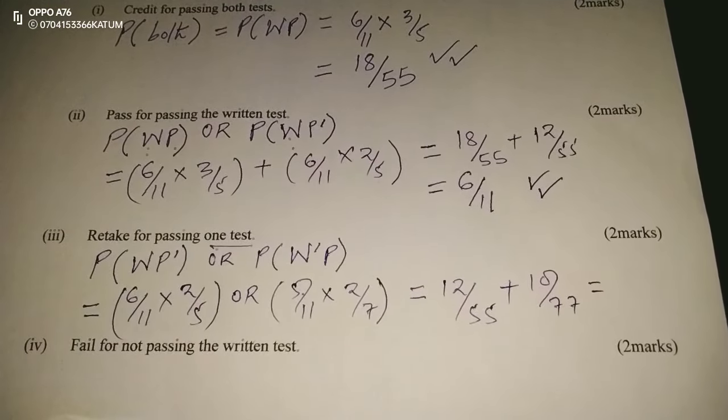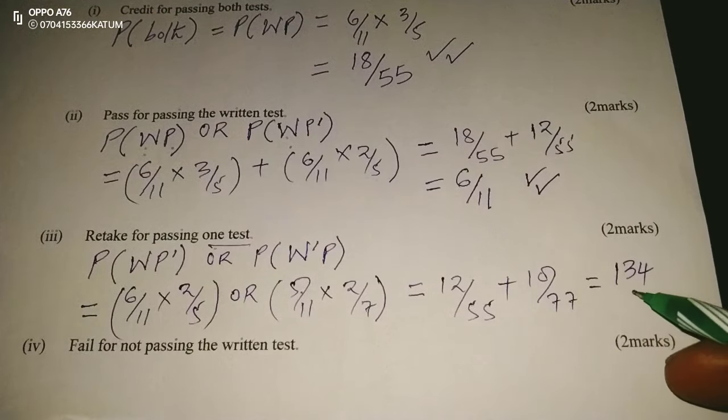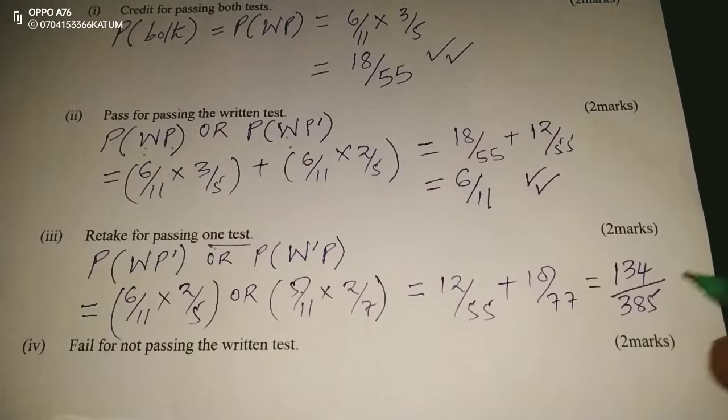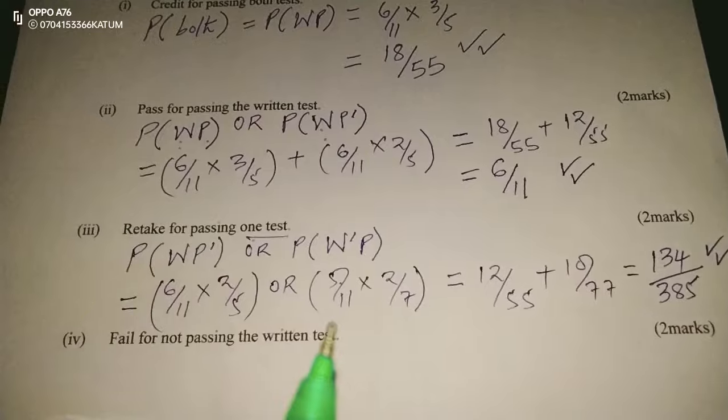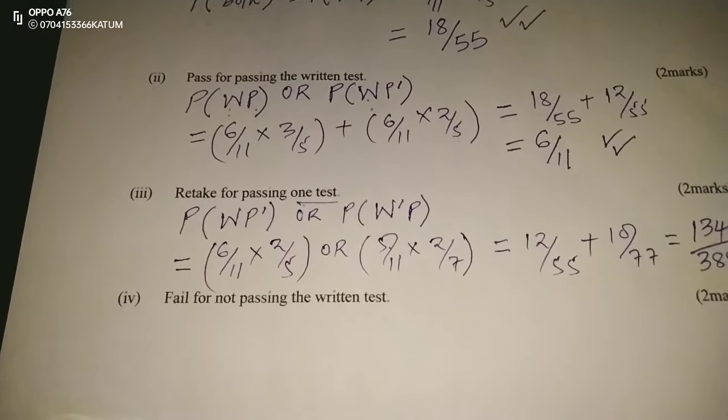This is going to be 12 out of 55 plus 10 out of 77. This is going to give us 134 out of 385. So this is the probability that the student is awarded a retake for passing in one test. Strictly passing in one test can be either of the listed probabilities.